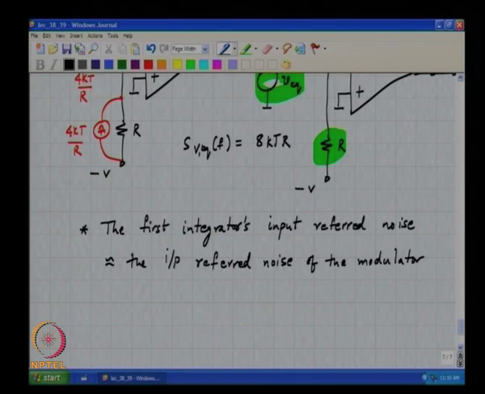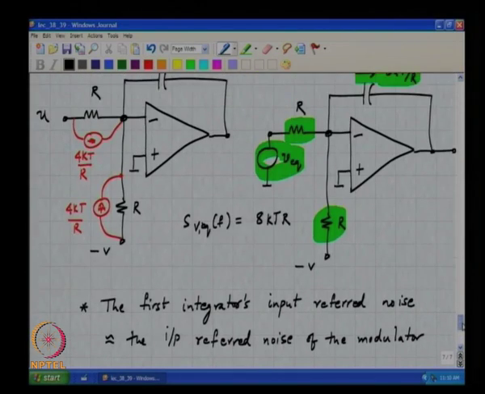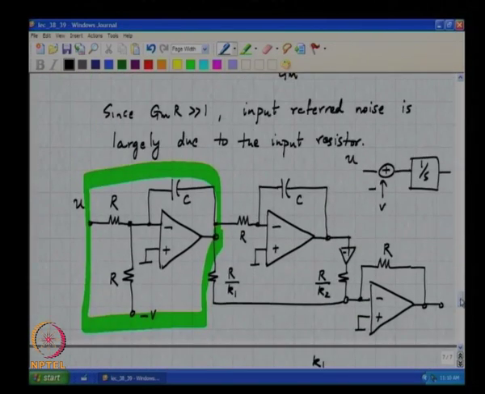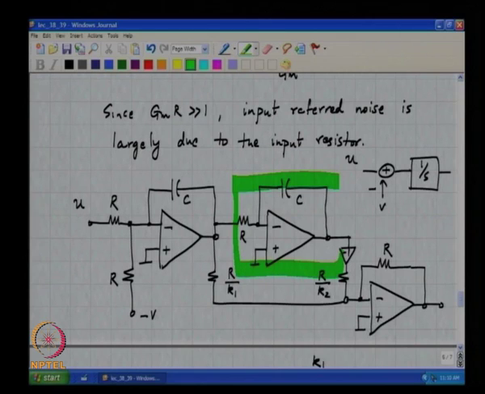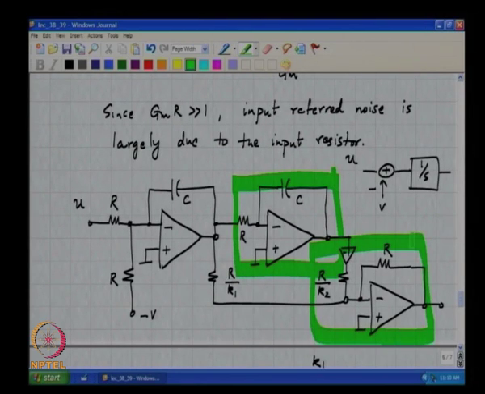Okay. Now, this can be used to advantage in the sense that the noise of this integrator and this summer does not matter.